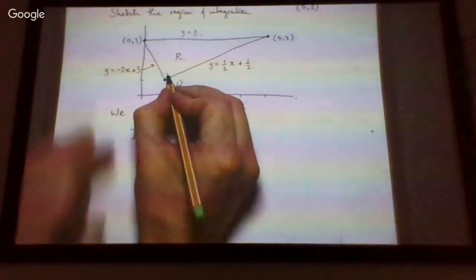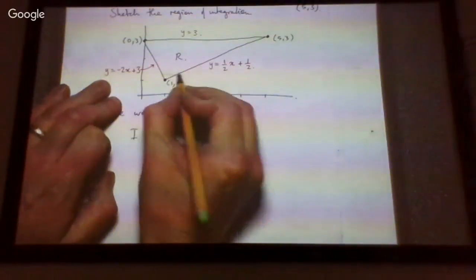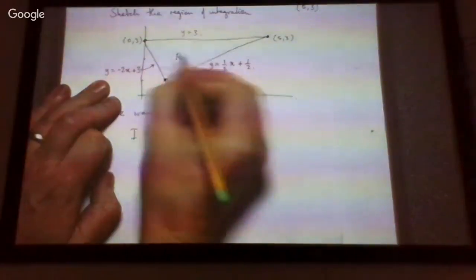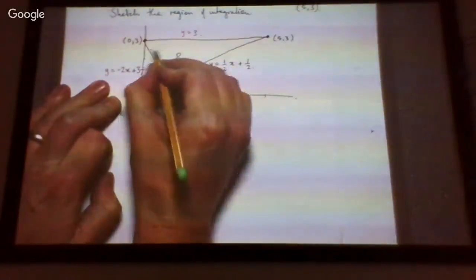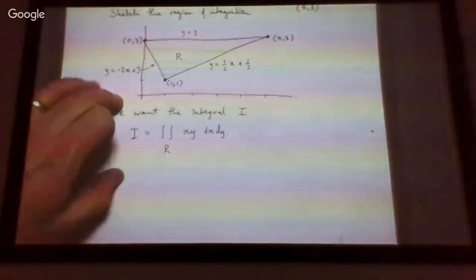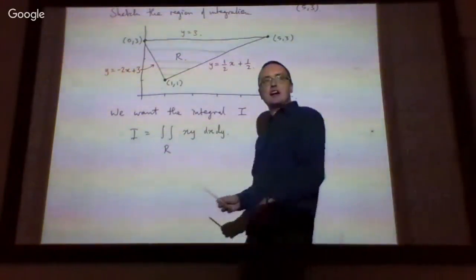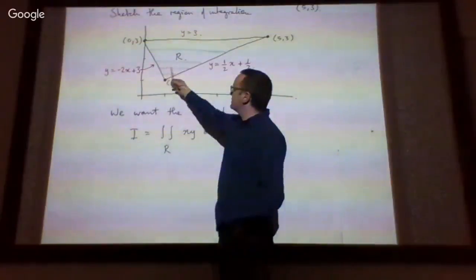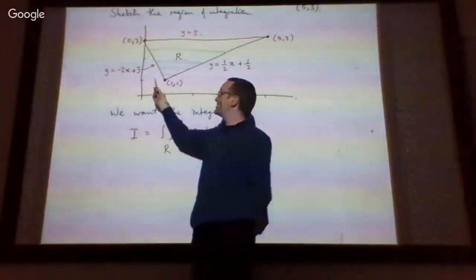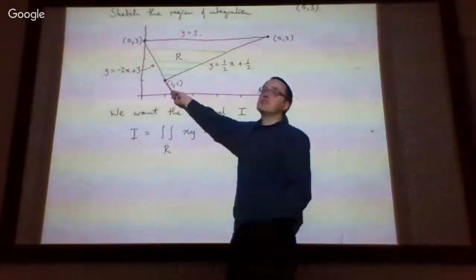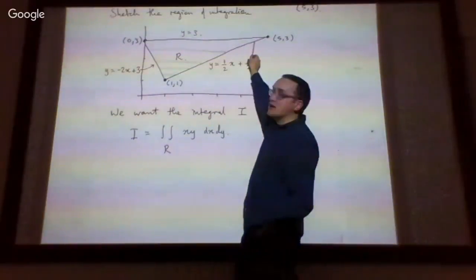If you think about decomposing the region into horizontal strips, here are a few of them, these green lines. You can see nice behavior there, in that these horizontal green lines across the region always start on this boundary curve and end on this one.